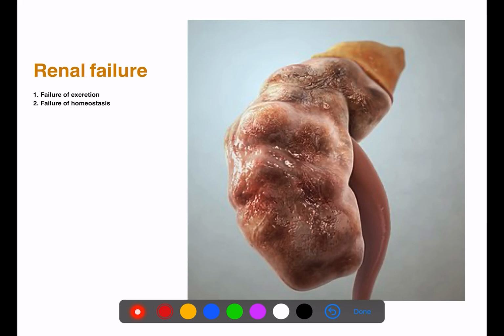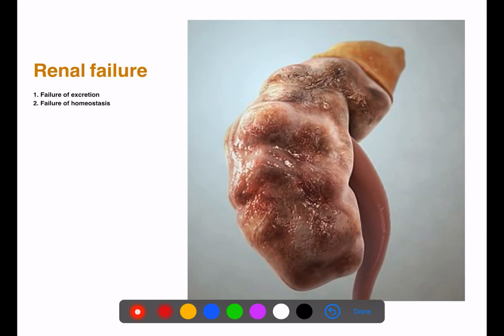So when they suffer from infarction or toxin or any other noxious agent, they will usually become degenerative and necrotic.